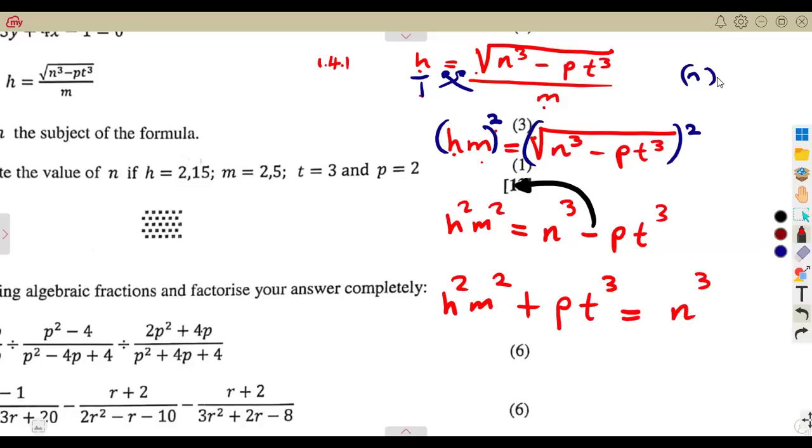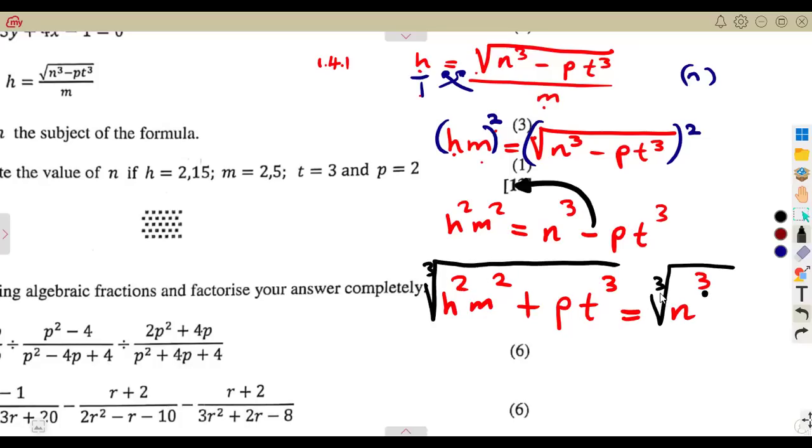So this is where we are. Remember, we want to make n the subject. We removed the square root by squaring, raising to the power of 2. There we have got a power of 3. So how do we remove the power of 3? We introduce the opposite of that. We have to write the 3 also here, so it's going to be the cube root of everything in this case. The cube root both sides.